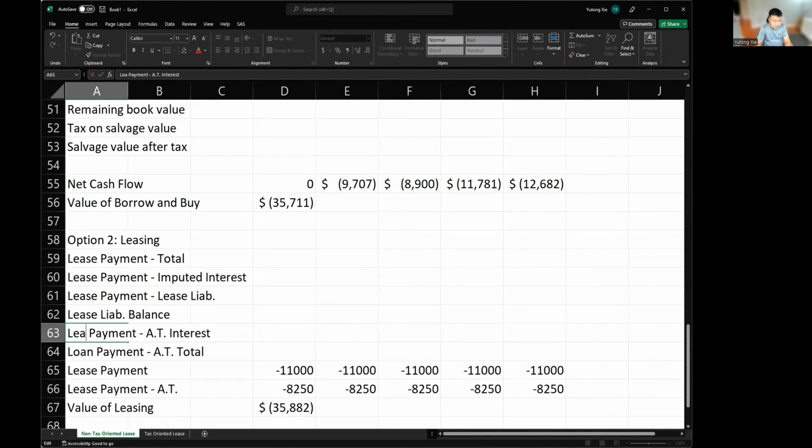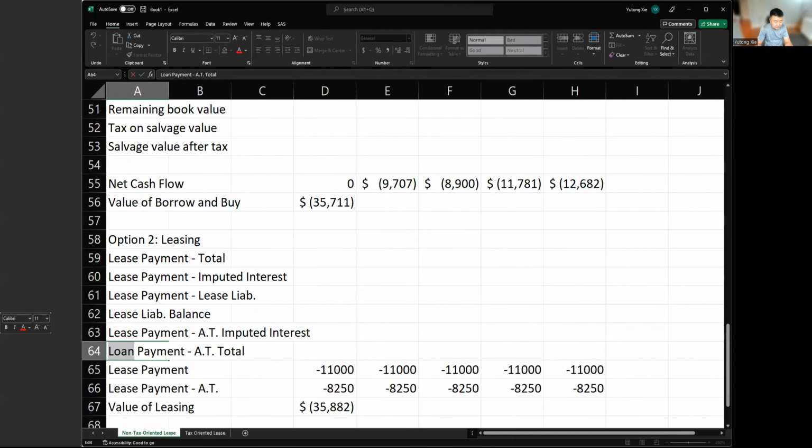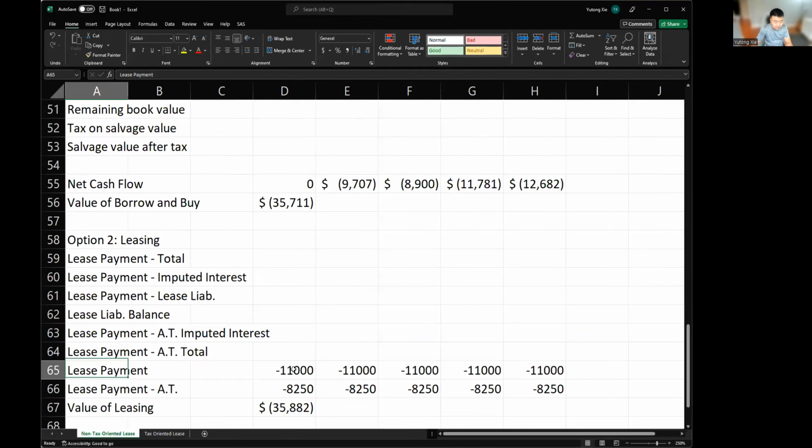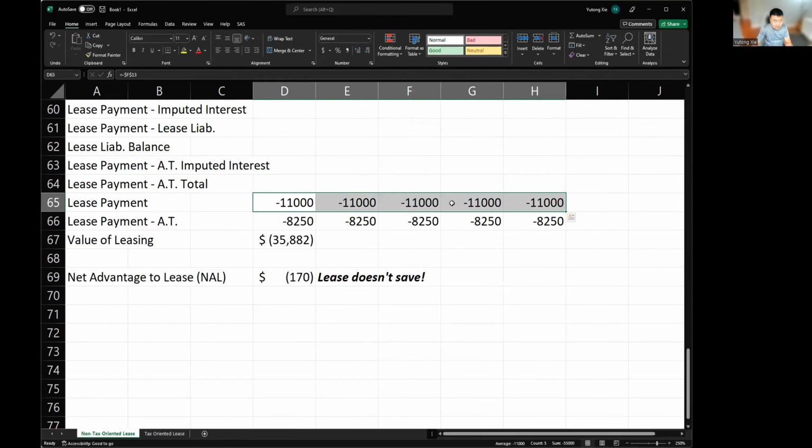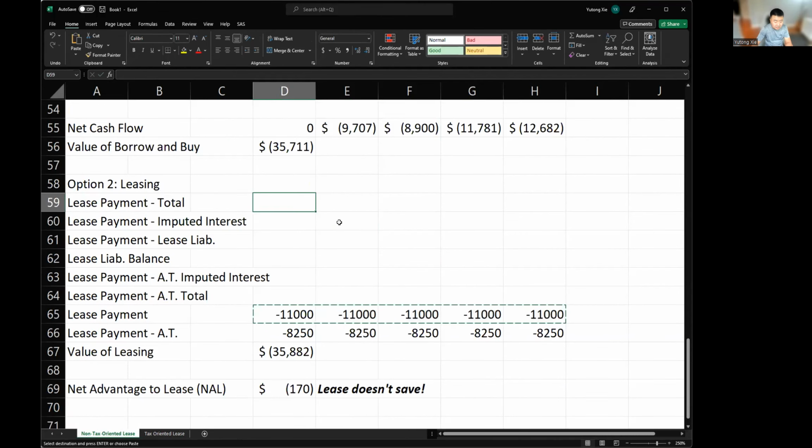Okay, this is lease payment after tax imputed interest, right? Oh, this is a little too much. So let's just leave it as after-tax lease payment total. Okay, so the lease payment total is just the total lease payment we got here. So I'm just going to cut these and put them here.